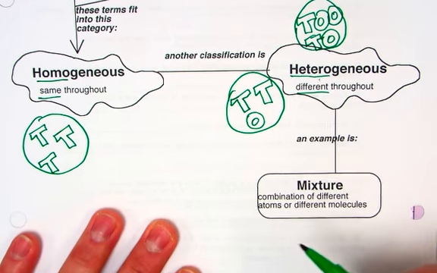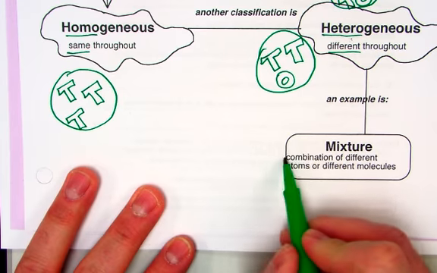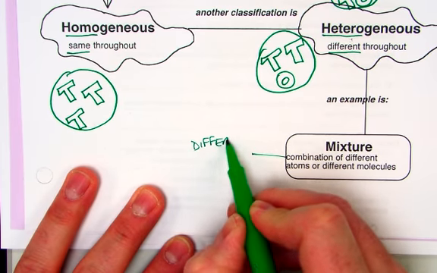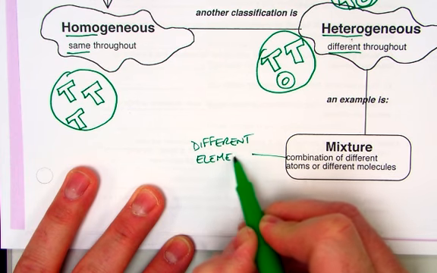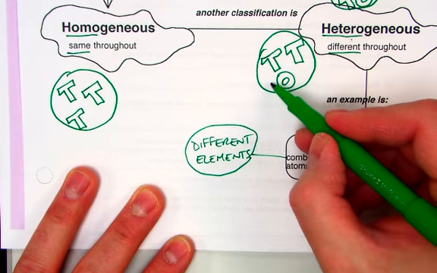I could also have, so you could actually have a mixture three different ways. You could have a mixture of different elements, like we said. Okay, and right there, this would be an example.